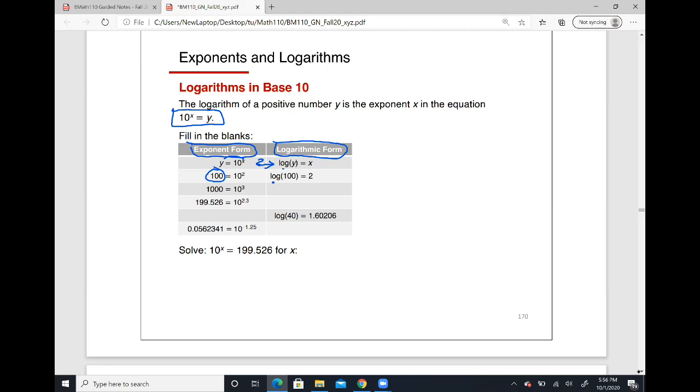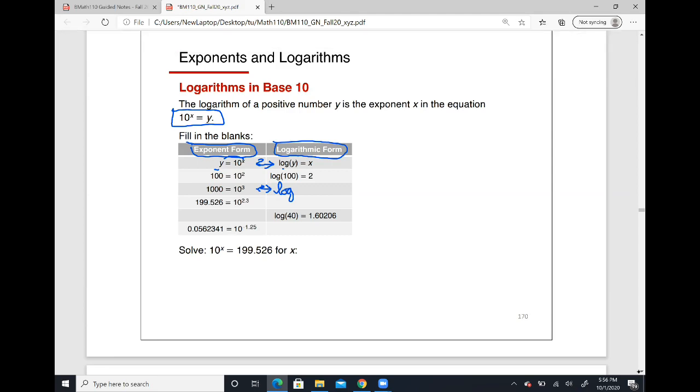Now let's do the third one. I'm going to write log. Log base what? Base 10. I don't need to write base 10 because log already means base 10.